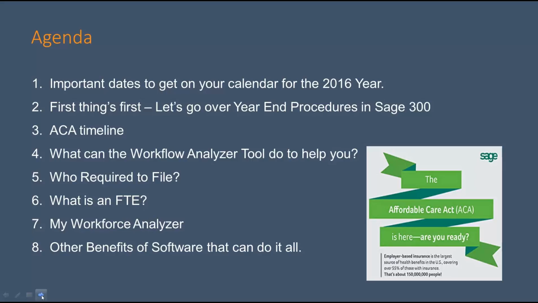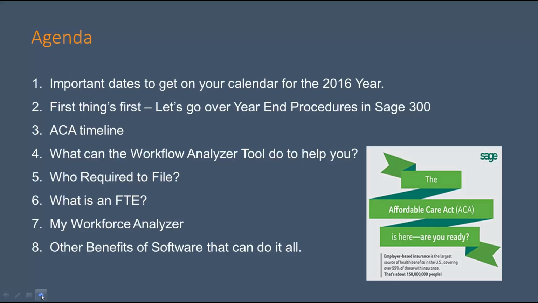So if you don't have payroll, I wanted to make it so that you didn't have to sit through all of the payroll topics first to go over year-end. If you have payroll, going over the year-end procedures is still going to help you. So don't hang up if you're thinking, oh, I just wanted to get to the payroll, because we will be covering topics for how to close out payroll as well. So it's not just about the general ledger.